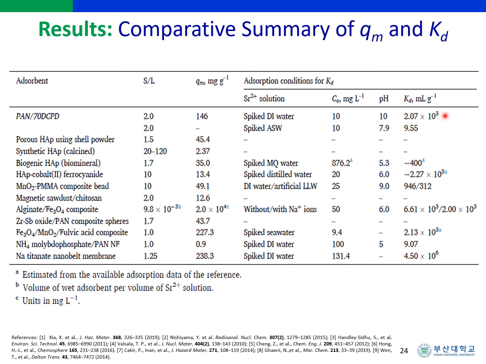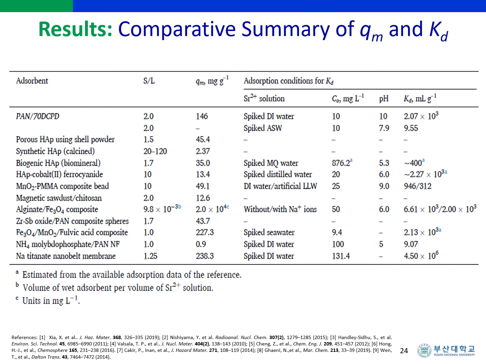The PAN 70 DCPD-NF exhibited high and comparable Kd without the presence of naturally prevalent metal ions in water. However, its Kd drastically declined when used in artificial seawater, which had higher ionic strength than the aqueous strontium solutions.